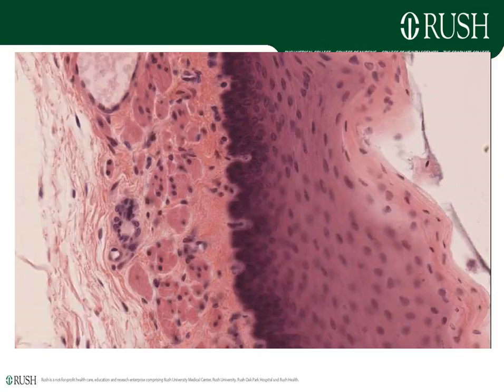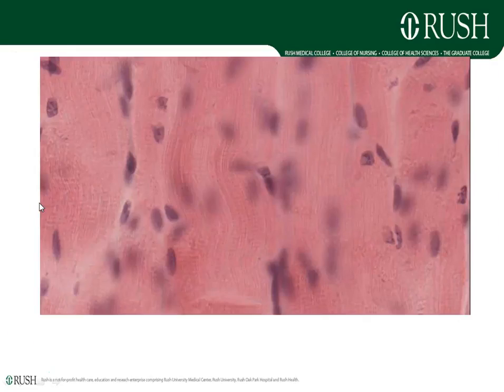Here's a higher mag, which shows you that non-keratinized epithelial layer. Underneath it, you can see at higher mag the muscularis mucosa, and a little bit of the submucosa down here. And here is the skeletal muscle. That means you must be in the upper third of the esophagus if you're seeing skeletal muscle in the muscularis externa.